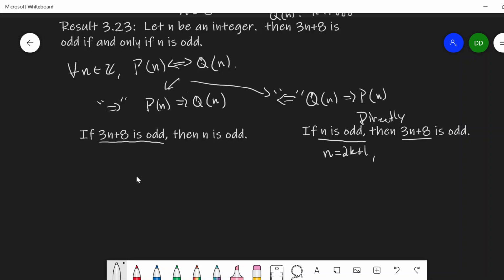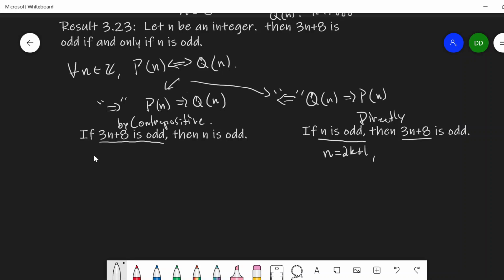If I assume that's odd, I'd have 3n plus 8 equals 2k plus 1. This is like in that last video. This doesn't really respond very nicely to a direct proof. So I'm going to prove this one by contrapositive. And so what will I actually be showing here?